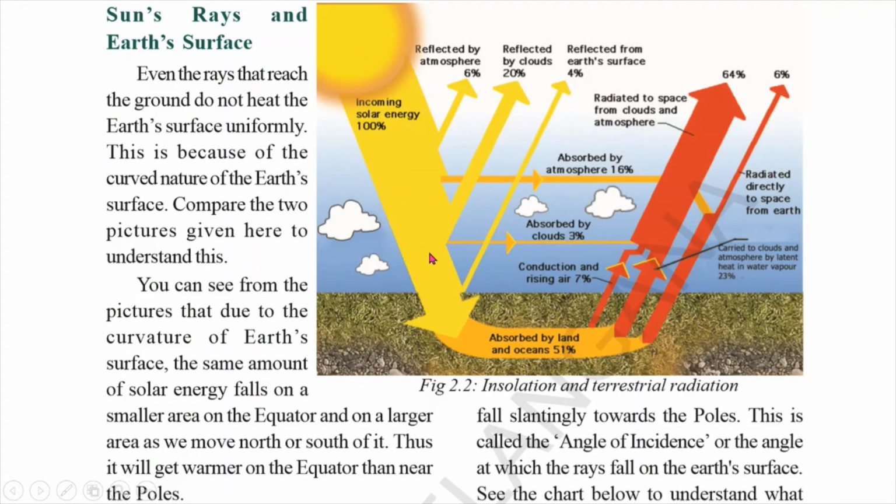While the sun rays are coming, they will not heat the atmosphere, but when reflecting, the temperature rises. So it is really wondering. That's why it is in yellow color and it is in red color. So this reflection causes the temperature to rise.